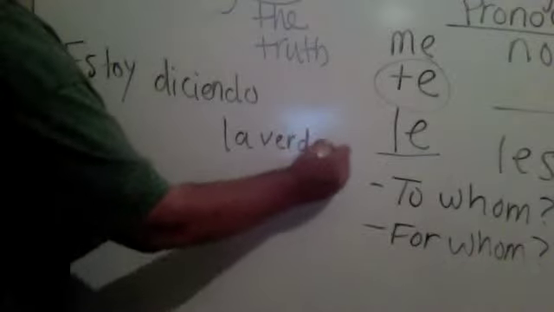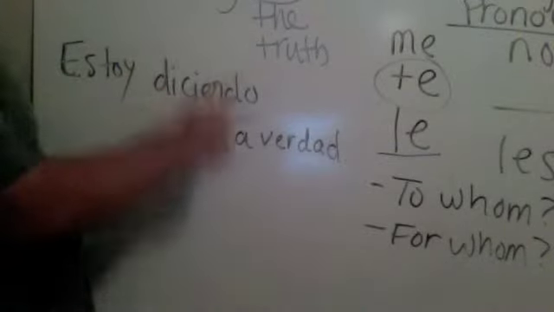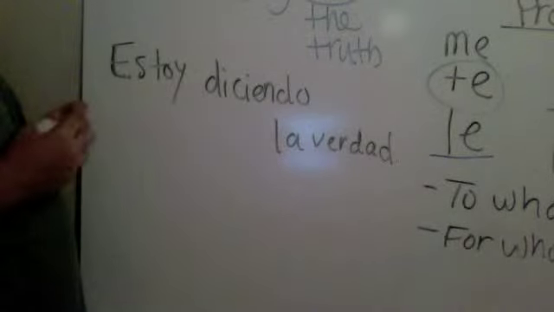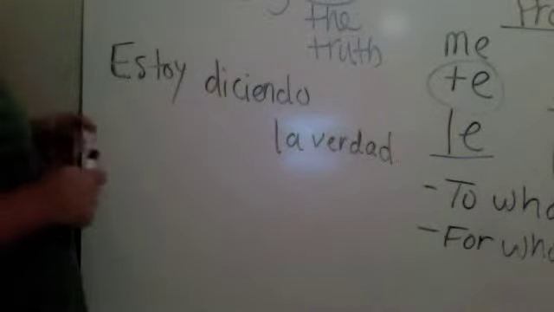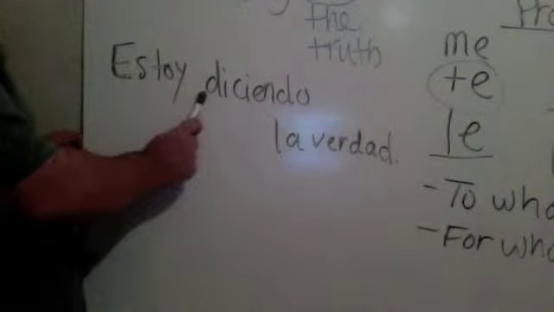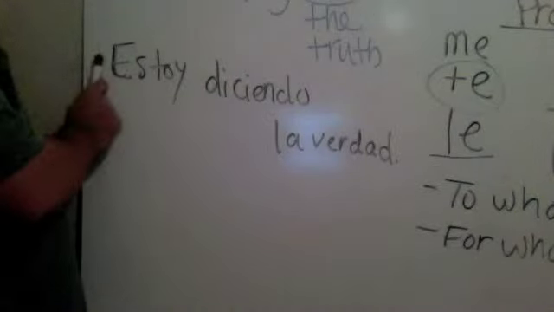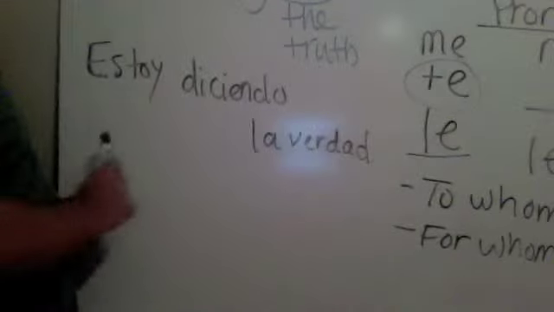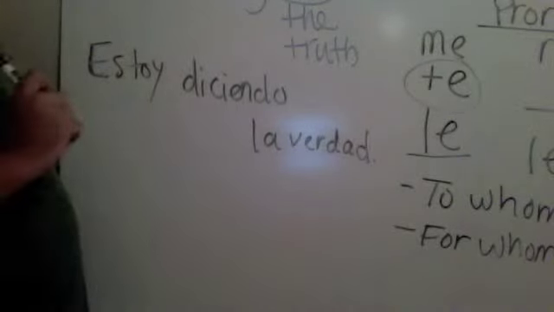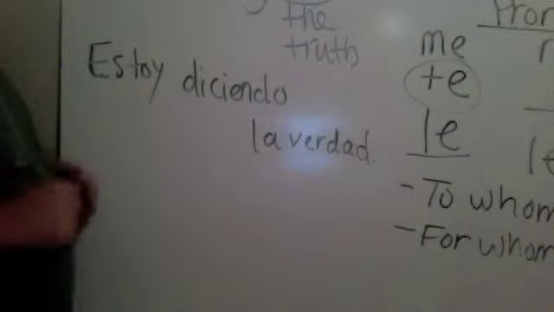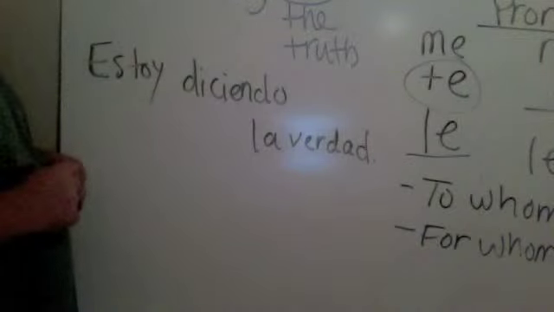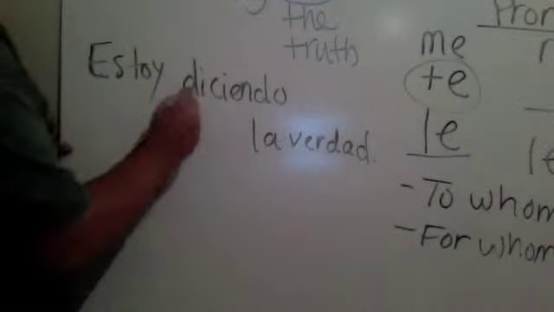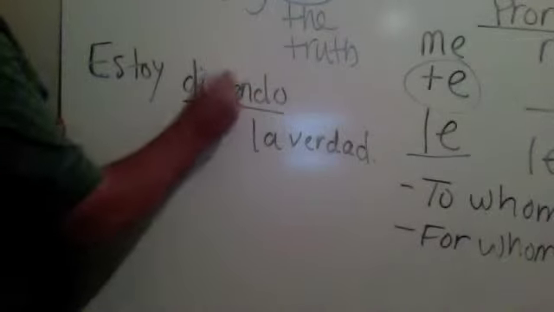Now, where will we place our indirect object, le? Well, if you remember from the previous video about direct objects, we've established you can put it before a conjugated verb, so you could put it before estoy, or attached to an infinitive verb. There's no infinitive here. Or you could also attach it to ando, yendo. Now what I mean by that is attached to the present participle.